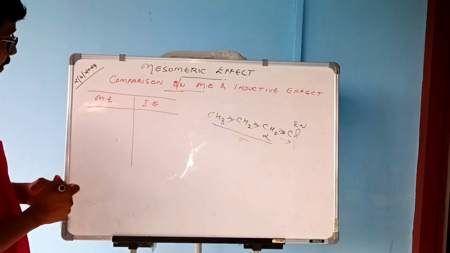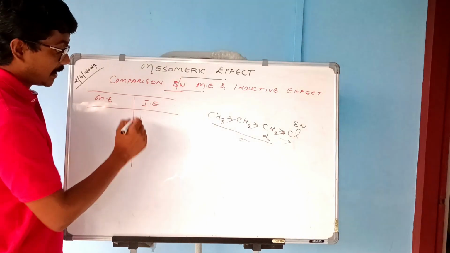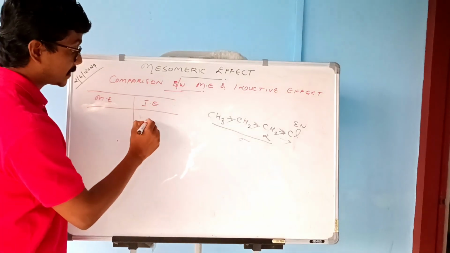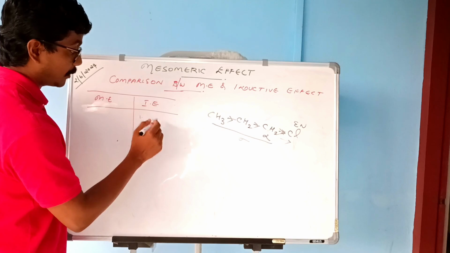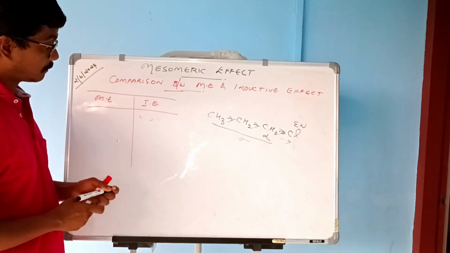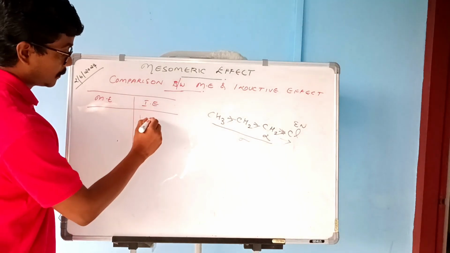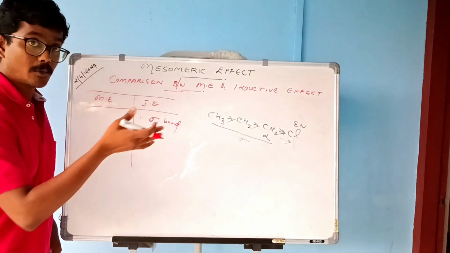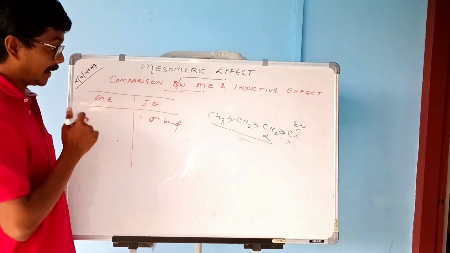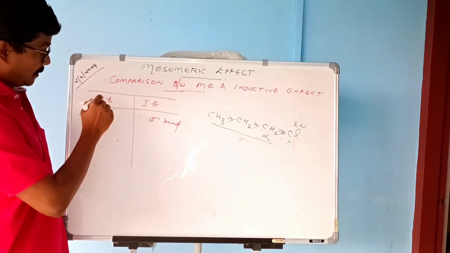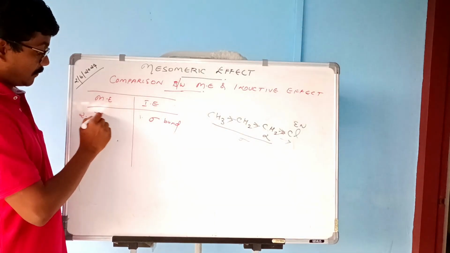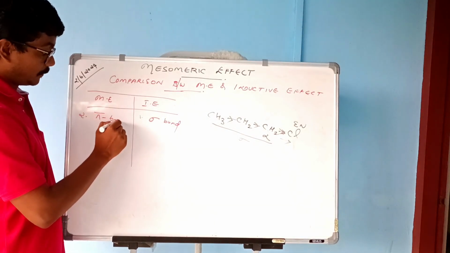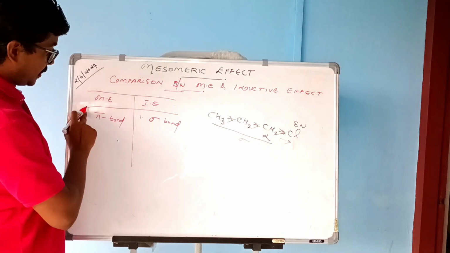The inductive effect is applicable through sigma bonds, because the flow is through the sigma bonds. Whereas the mesomeric effect is applicable to pi bonds, right?